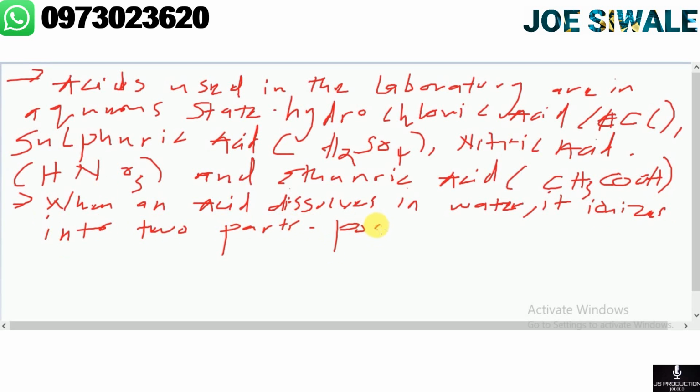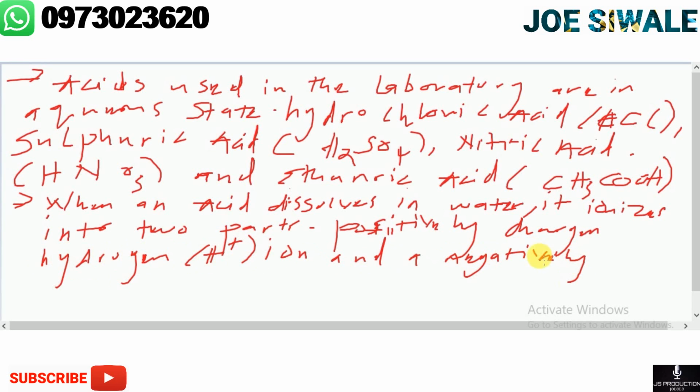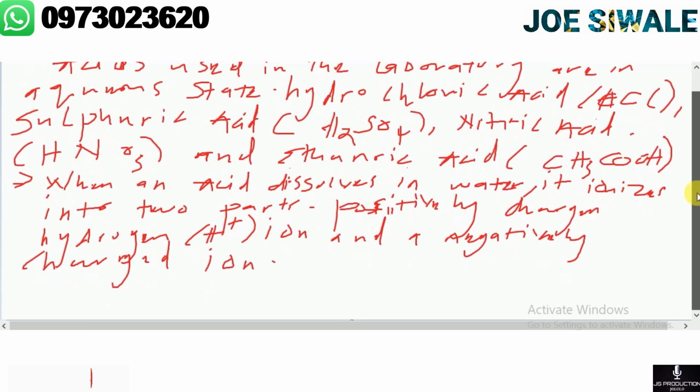The first part is the positively charged hydrogen ion, and the second is a negatively charged ion.